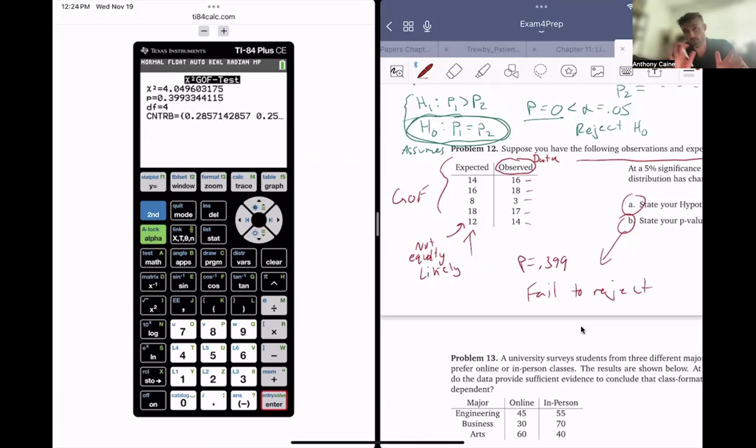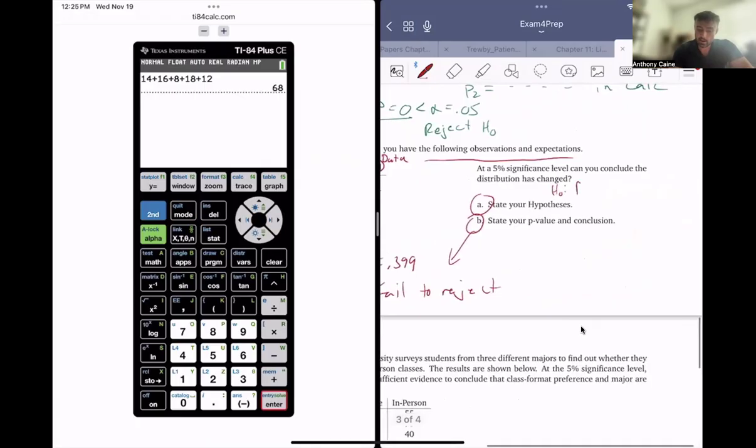We won't make you do this, but if I had to, I should add up everything here. That's 14 plus 16 plus 8 plus 18 plus 12, which is 68.